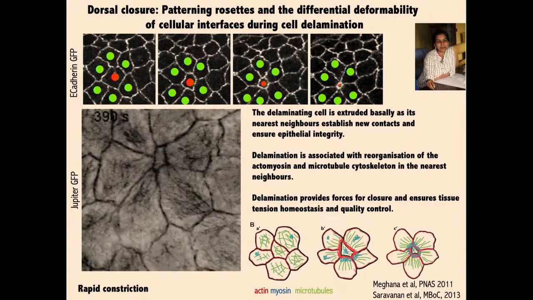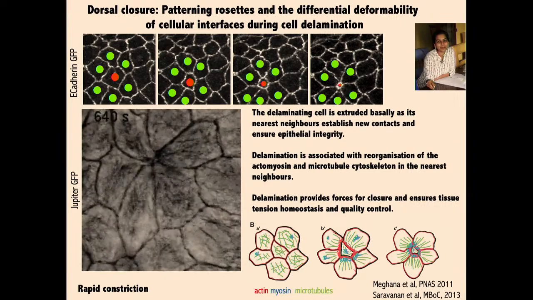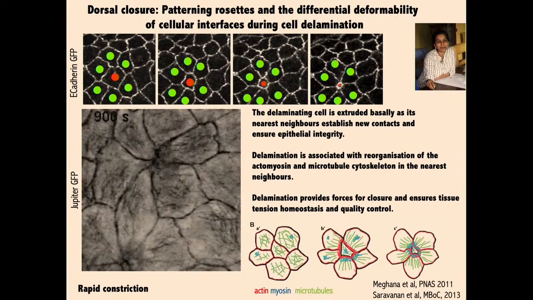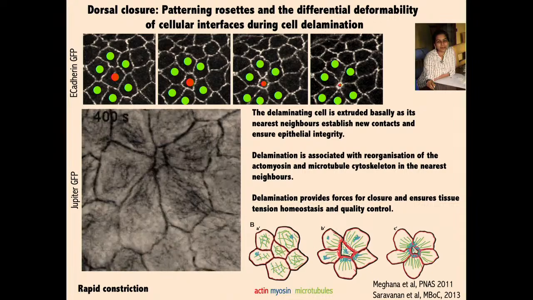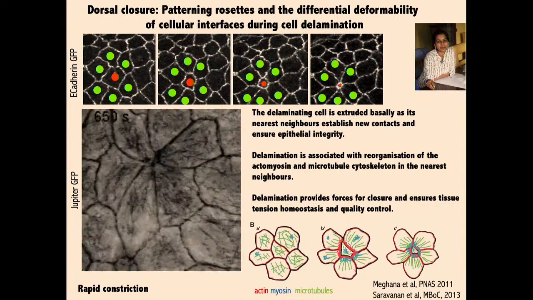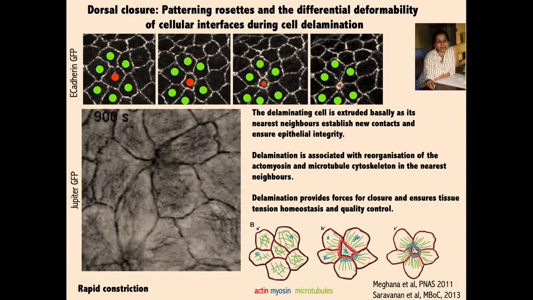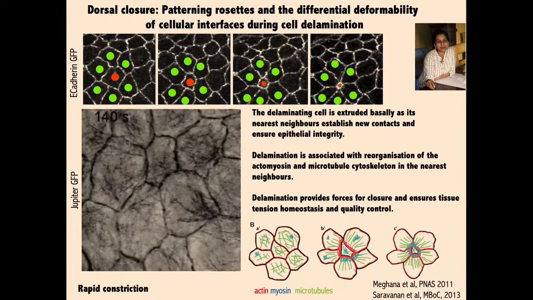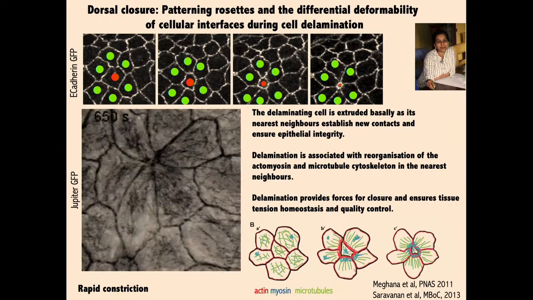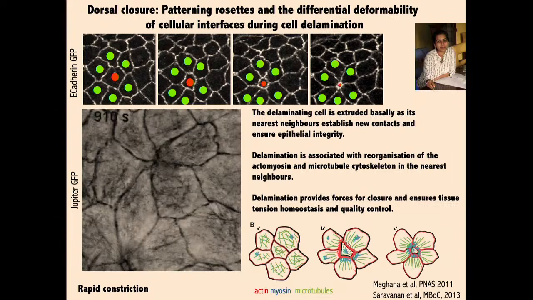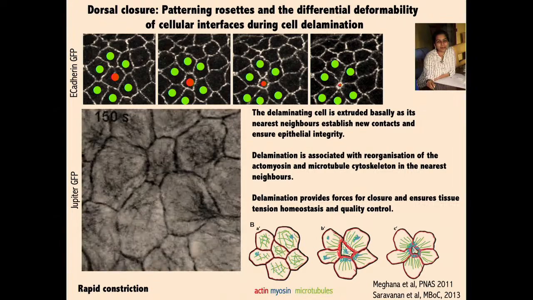We've shown a long time ago, and in fact this is my first student, Meghna, that this pattern actually relies on the alignment of microtubules in the neighboring cells along the same axis, and that one of the functions of this alignment is to also target flows of myosin towards this interface.